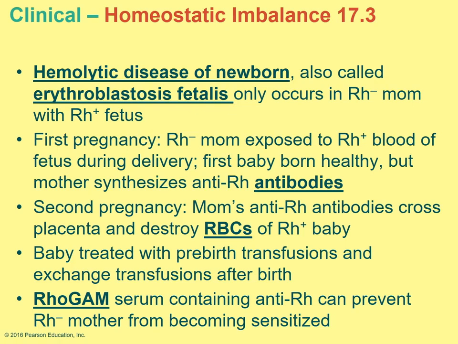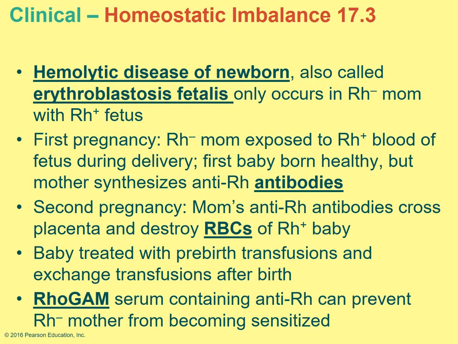Normally there's no mixing of the blood between the mother and the developing baby. However, at childbirth, she is going to be exposed to the blood, and she will then start producing the anti-Rh antibodies. If that mixes with the Rh positive antigen, it will clot.